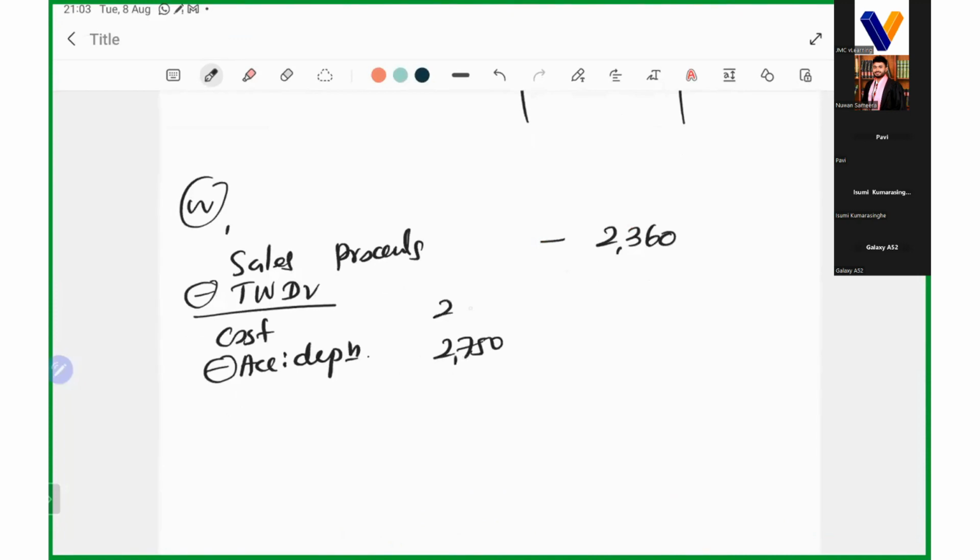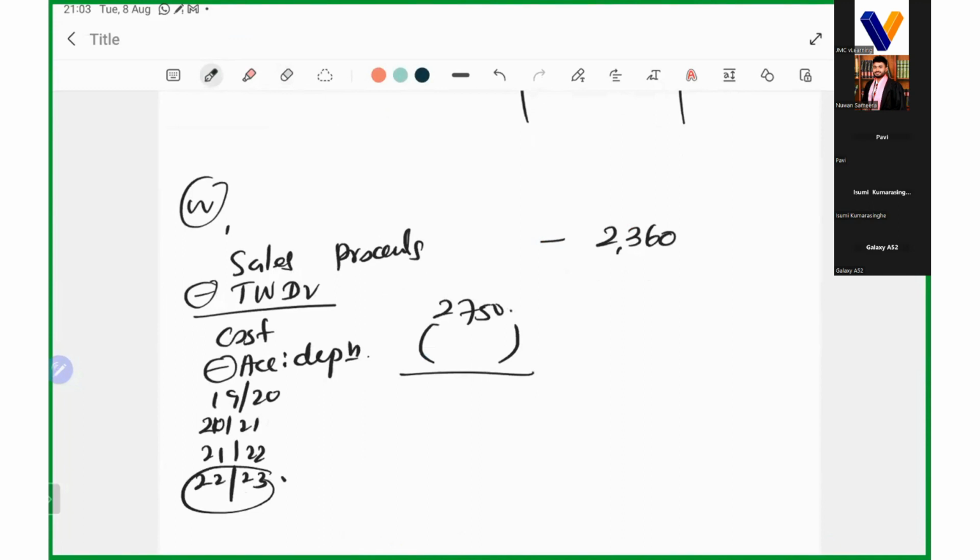Then what is the year of assessment in which they purchased that asset? 1920, so 20 and 21, 21 and 2022. We are in 2022 and 2023.